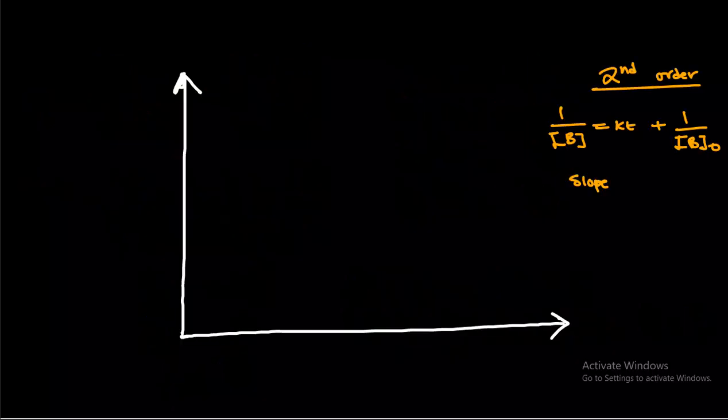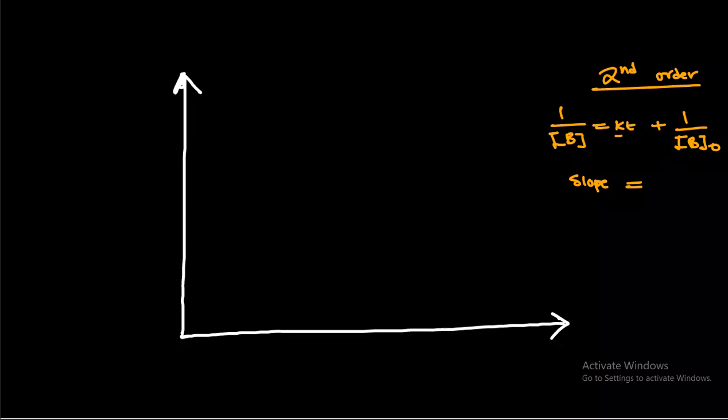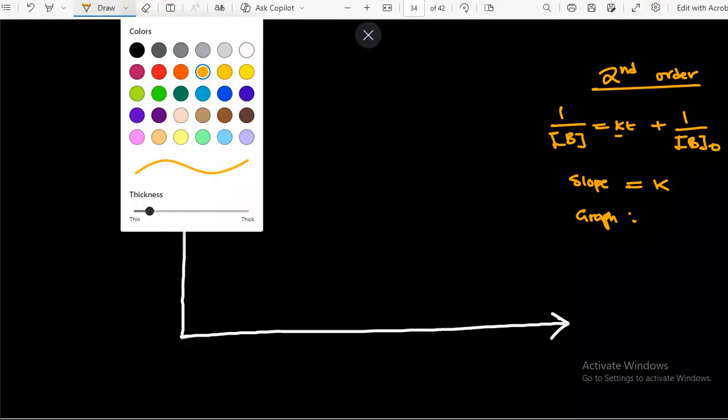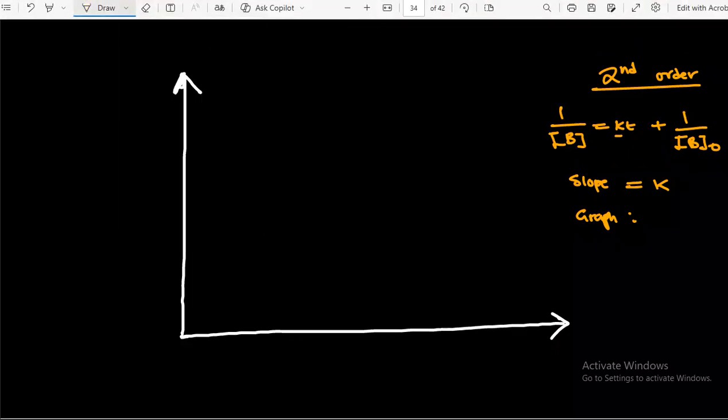So the slope is k. This k is the slope. Then the graph, the same way we have that equation, let me write that equation.